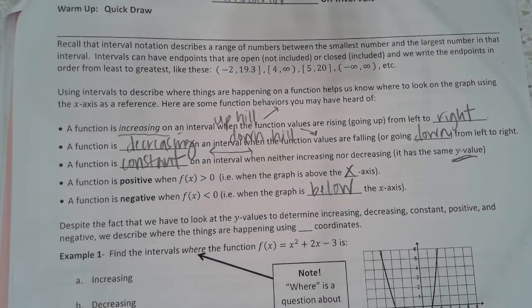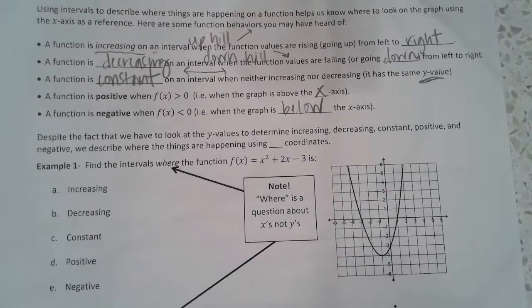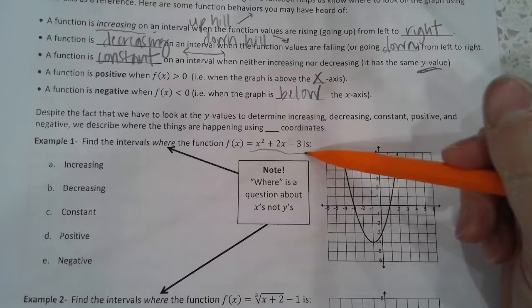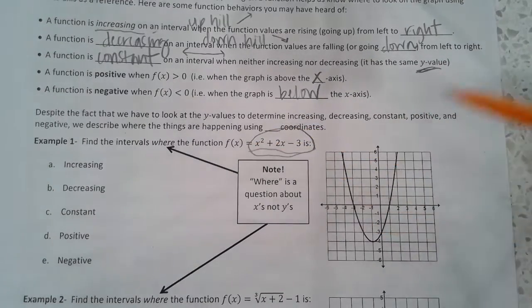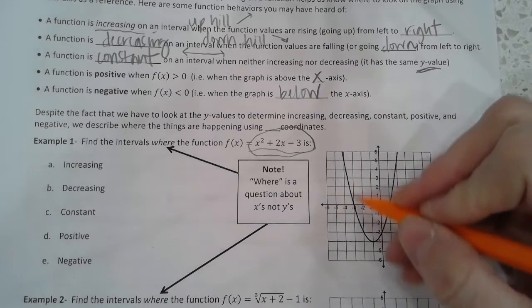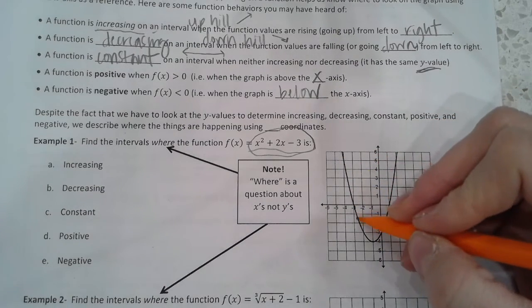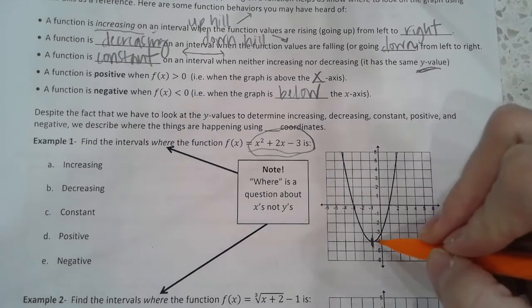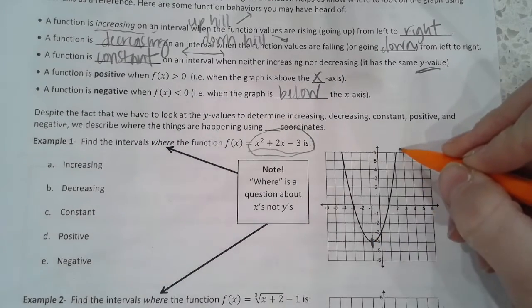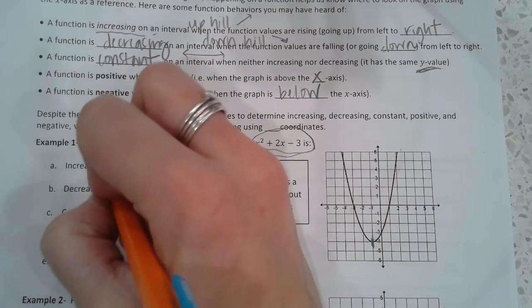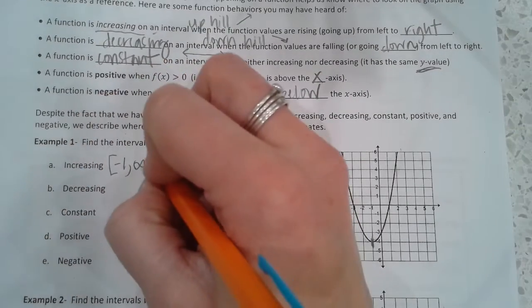Anyways, on our cute little picture, I have given you the equation of the function, and then I've graphed it for you. So we're decreasing to the vertex, and then it starts to increase. We're increasing from -1 to positive infinity, to the right forever.